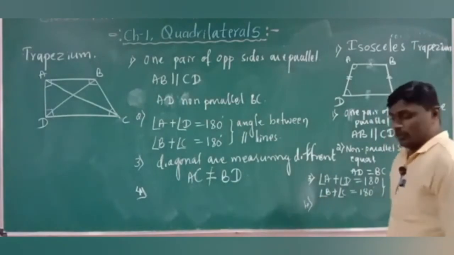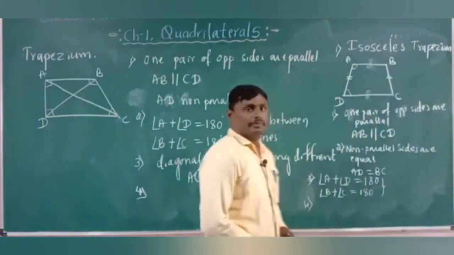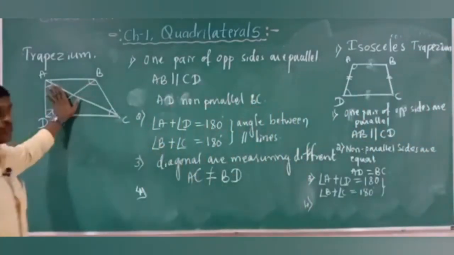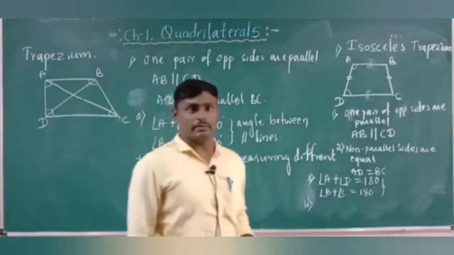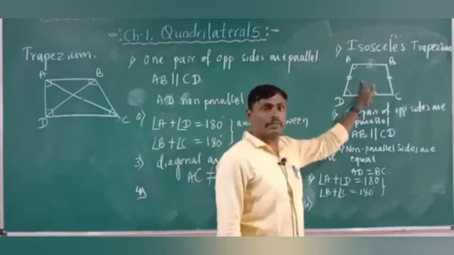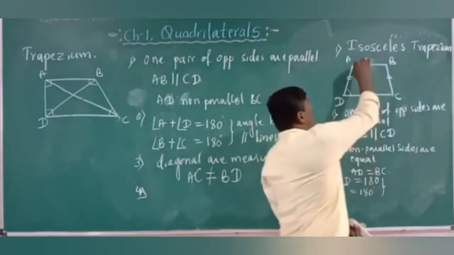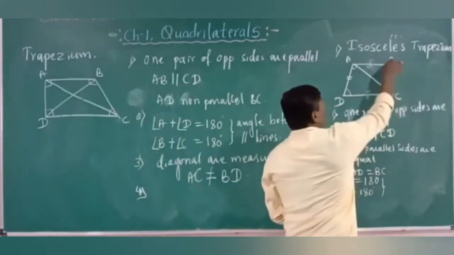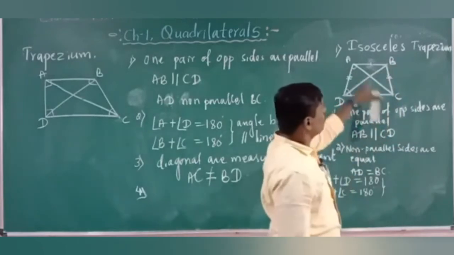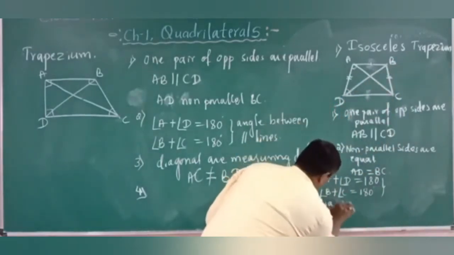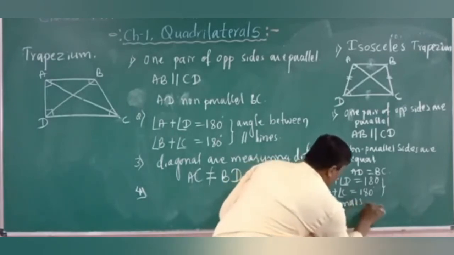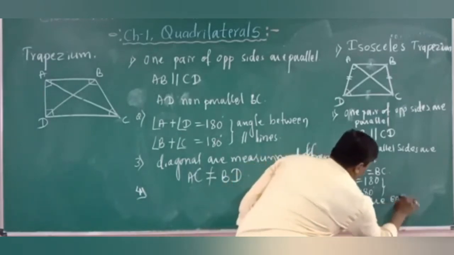Next, the fourth property. As discussed in the trapezium, the lengths of the diagonals are different in a trapezium, but in an isosceles trapezium the diagonals are measuring equal length. Diagonals are equal.